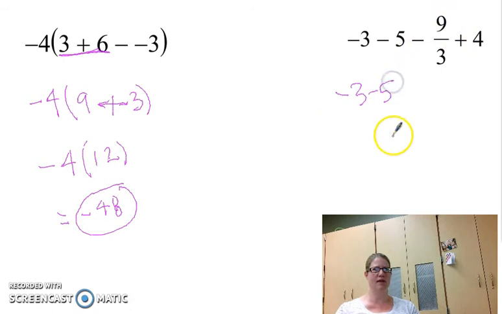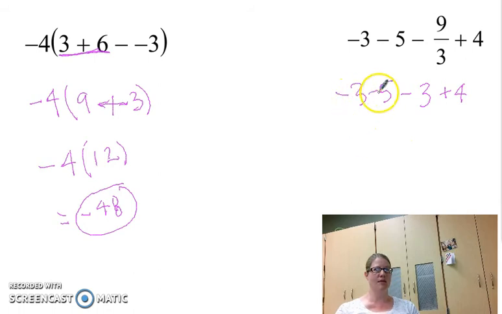So I have negative 3 minus 5. And then negative 9 over 3 is going to give me a minus 3, because 9 divided by 3 is 3, and then I have my plus 4. So now I have nothing left here. I have no parentheses, I have no exponents, I have no multiplications, I have no divisions. It's just addition and subtraction, and again I'm going to work from left to right as I go across.